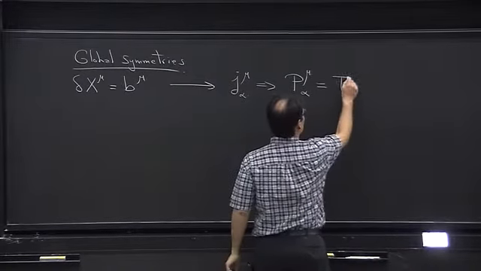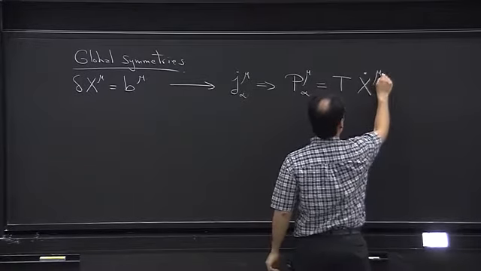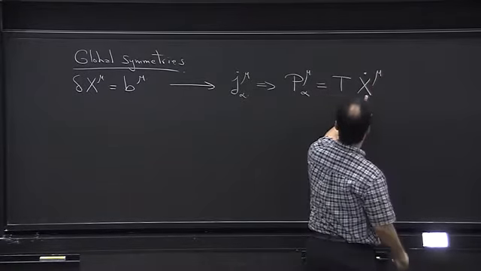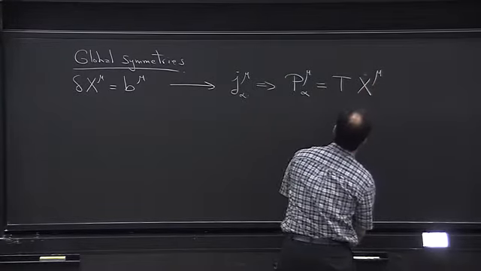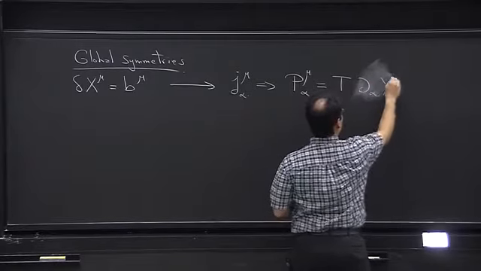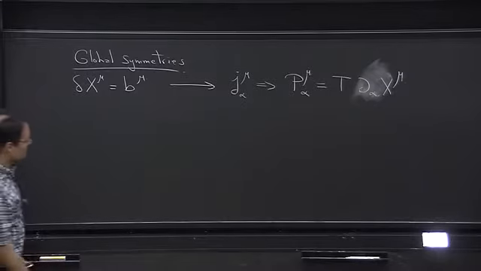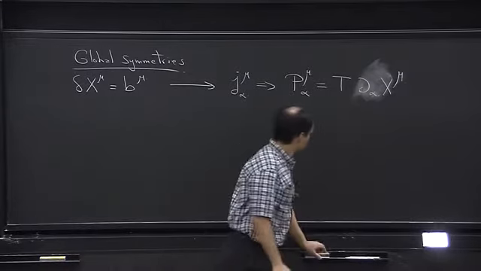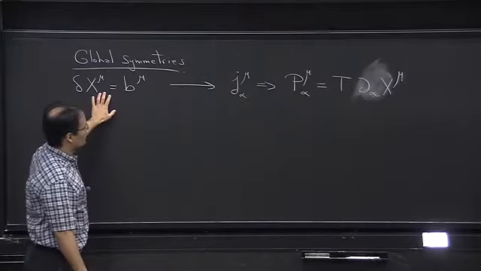And you will find something that looks like T times x dot mu. This is what you will find. Okay? Very good. So those are the currents associated to this global symmetry.